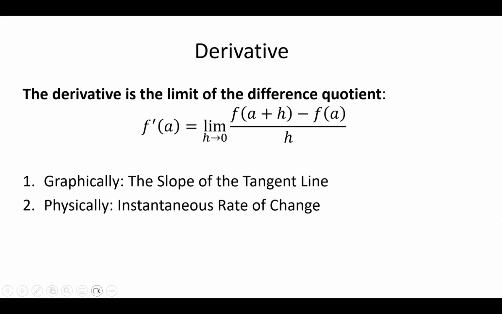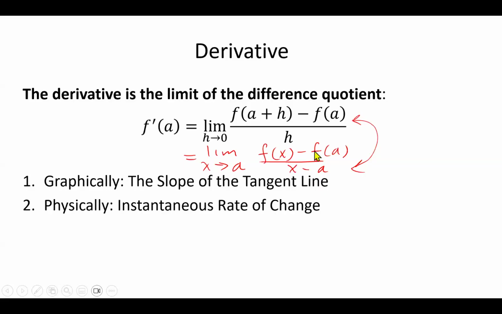The other definition of the derivative is that you could also find it as the limit when x approaches a of f of x minus f of a over x minus a. Interestingly enough, there are different times where each one is more appropriate. Sometimes using one definition makes it easier to find the derivative, and sometimes using the other one makes it easier.